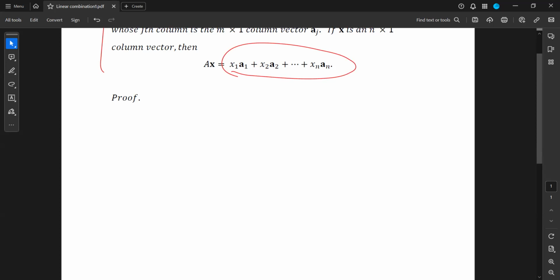This is what Ax means, the linear combination of the columns of A, where you pick precisely how much of each column is present using the vector x.